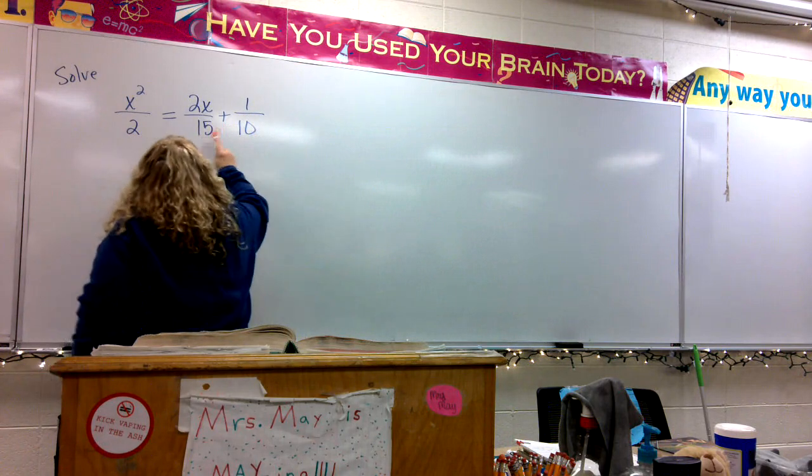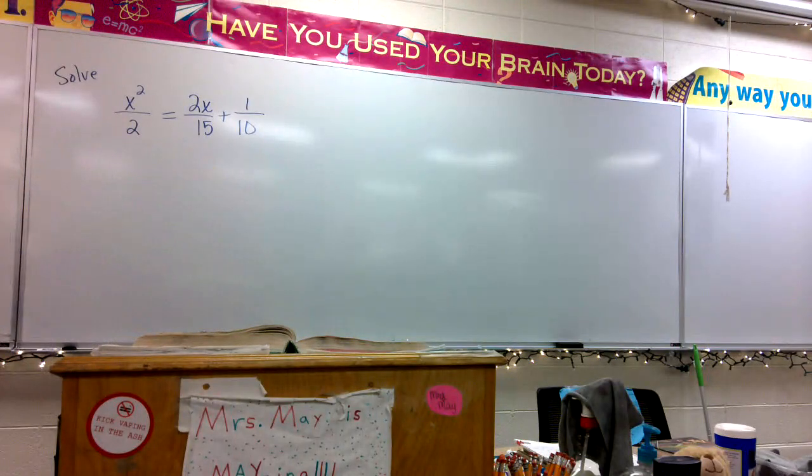And it's adding fractions. Do you remember how to add fractions? What do you have to have? And then remember, we went off to the side and we did x squared over 2 equals, and we did 2x. So remember this?